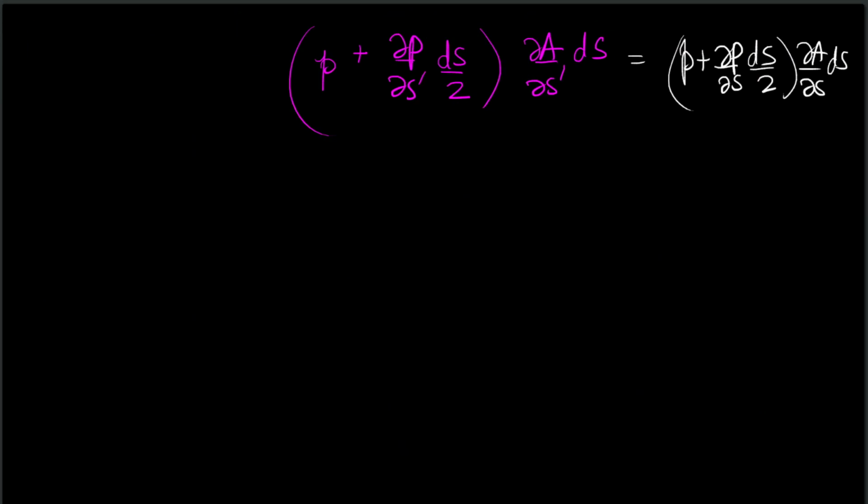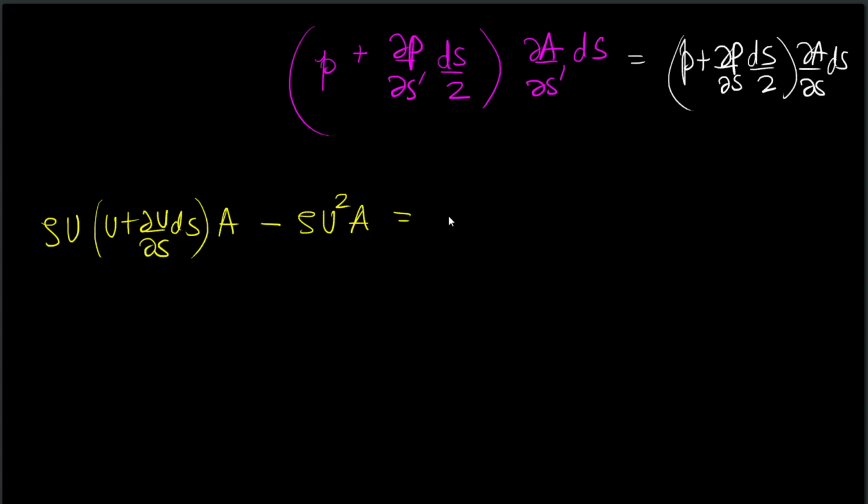So then finally let's combine all the terms together. So this is ρ(u + ∂u/∂s ds) times area minus ρu² area.